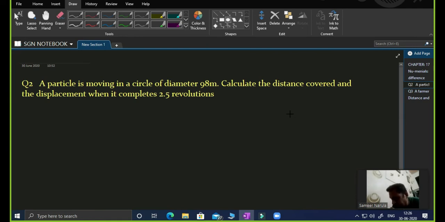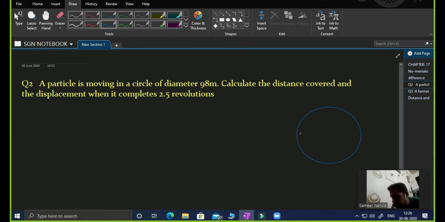Now I will show it to you with the help of a diagram. For example, this is a circle that you have with you.